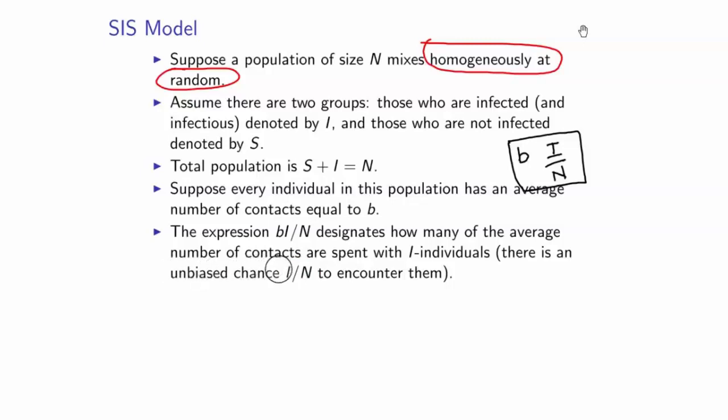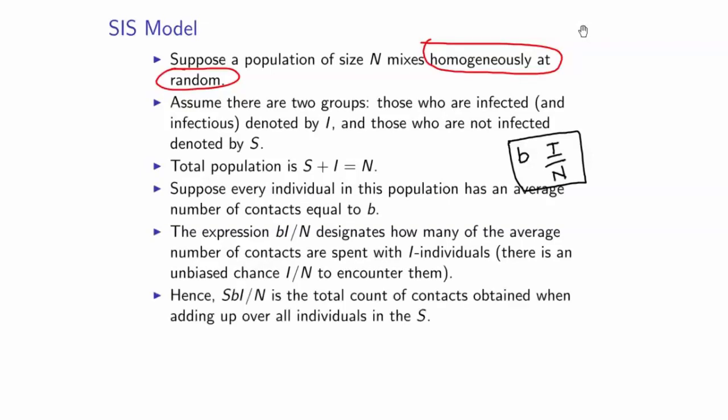There is an unbiased chance to encounter individuals in the I compartment. So B times I over N is how many of the average number of contacts are spent with I individuals. Remember, B is the average number of contacts per individual, so B times I over N is the fraction of the average number of contacts per individual that are spent with I individuals.